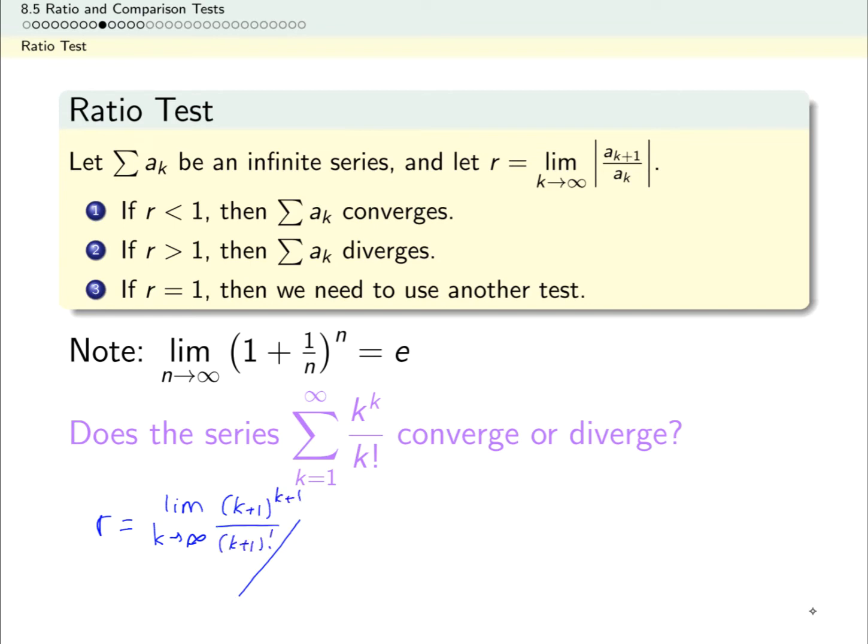In my denominator, they all stay the same. Because these terms are positive, we don't have to worry about the absolute value. As usual, let's group terms that came from the same place. These are our two numerators, our two k to the k's. And our denominators are the factorial parts.